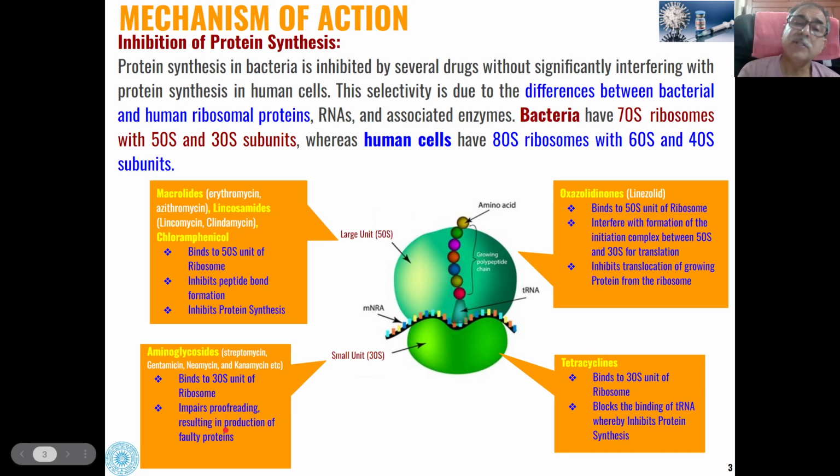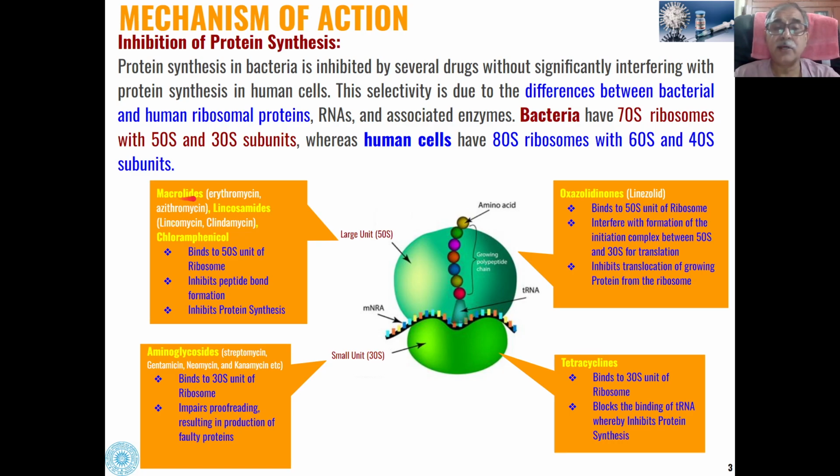The proteins which are actually required by the bacteria are not synthesized, but different types of proteins are synthesized instead. These different proteins, which are not the actual proteins required by the bacteria, are called faulty proteins.